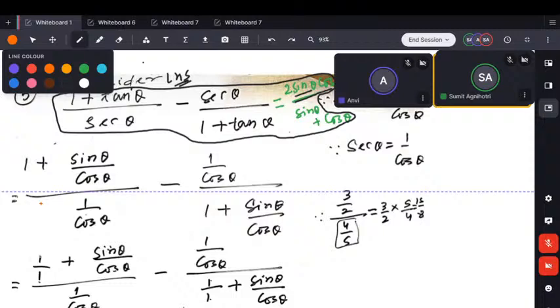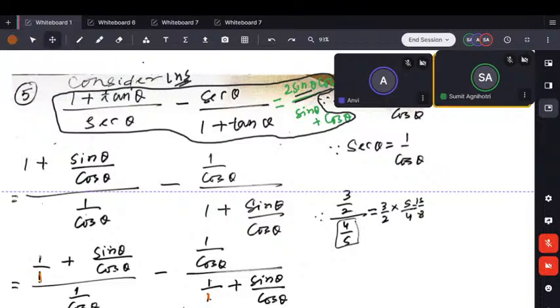Now you can just write 1 here, and after doing all these, you need to take LCM.